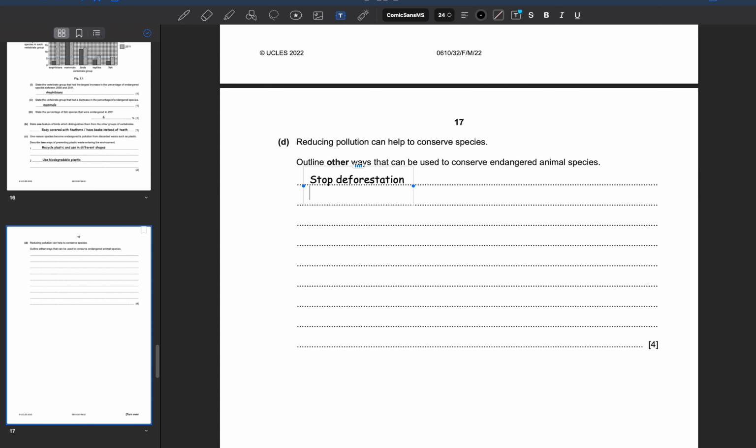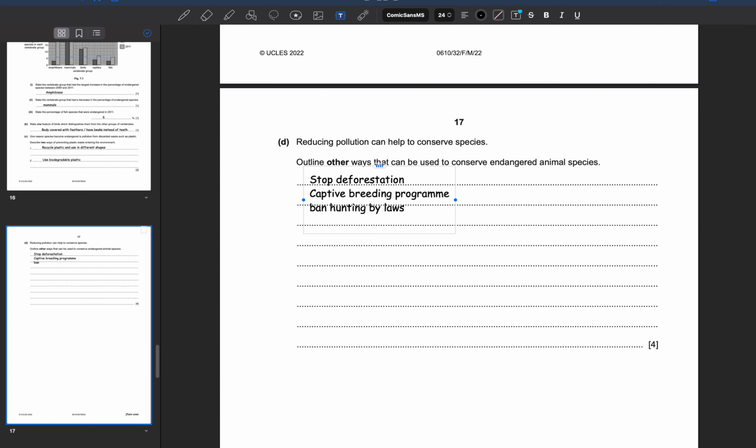I can say also captive breeding programs. I can say also ban hunting, or stop hunting the animals, ban hunting by laws.